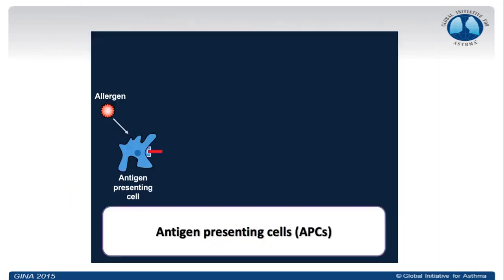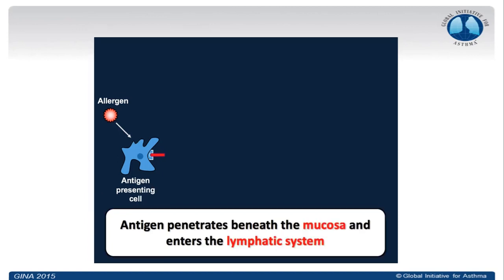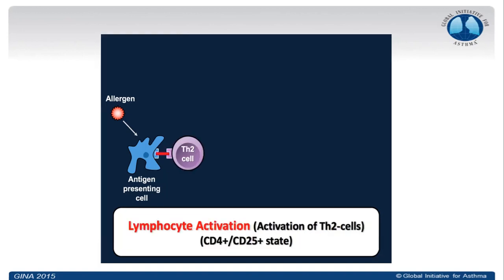Pathophysiology, as we see here: the allergen is presented to the antigen presenting cells, the dendritic cells. Then the antigen penetrates beneath the mucosa and enters the lymphatic system. Lymphocyte activation of a Th2 cell, T helper cell, CD4.